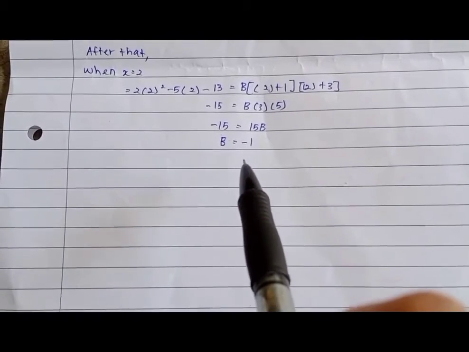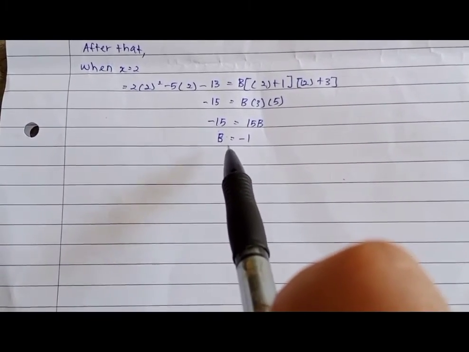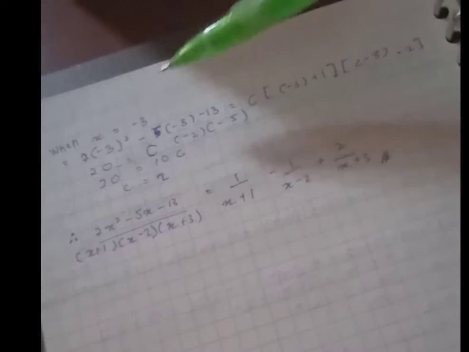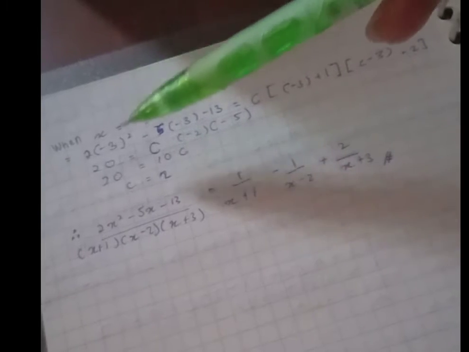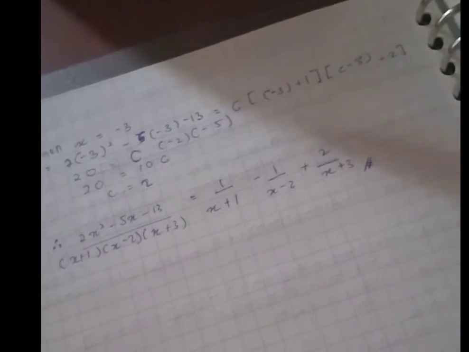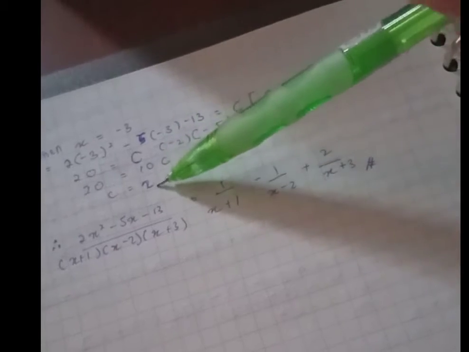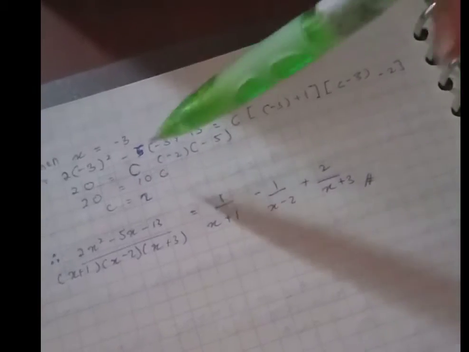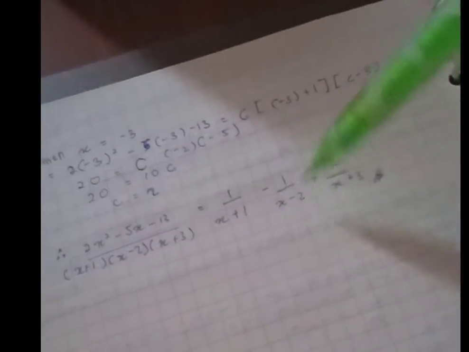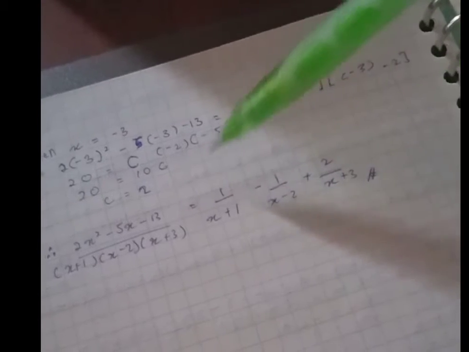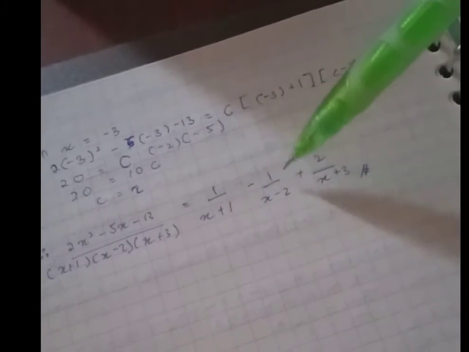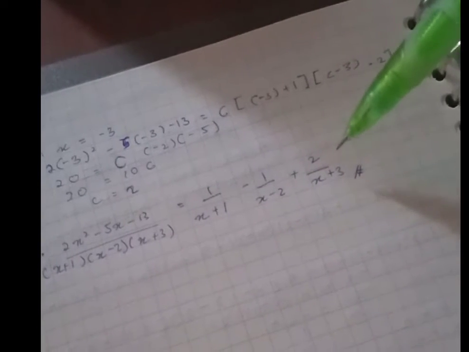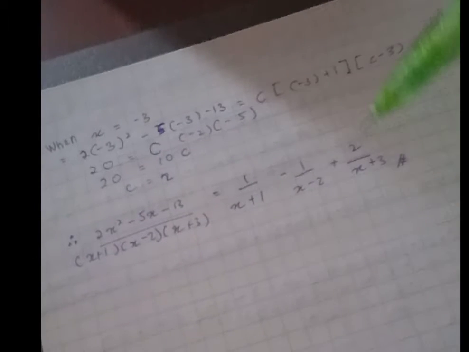So that's all for the value of B. When x is -3, we just substitute x with -3 for both sides, and we get C equal to 2. Then we substitute all the answers in the final answer with A, B, C, which is 1 over x plus 1 minus 1 over x minus 2 plus 2 over x plus 3. That's all.